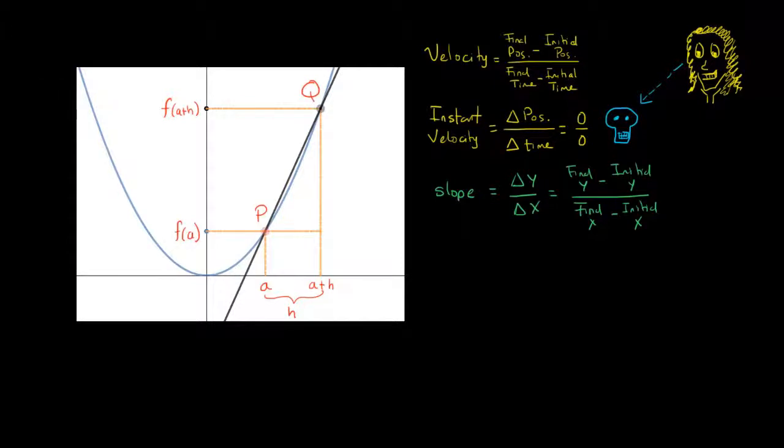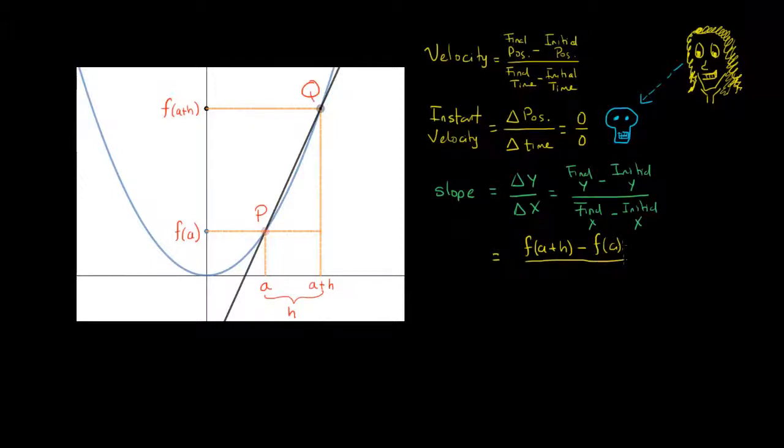So I'm going to work with the information we have on the graph. The final y will be the y for Q, and we know it's f of a plus h. So I'm going to write it here, f of a plus h. The initial one will be f of a, so it will be minus f of a.